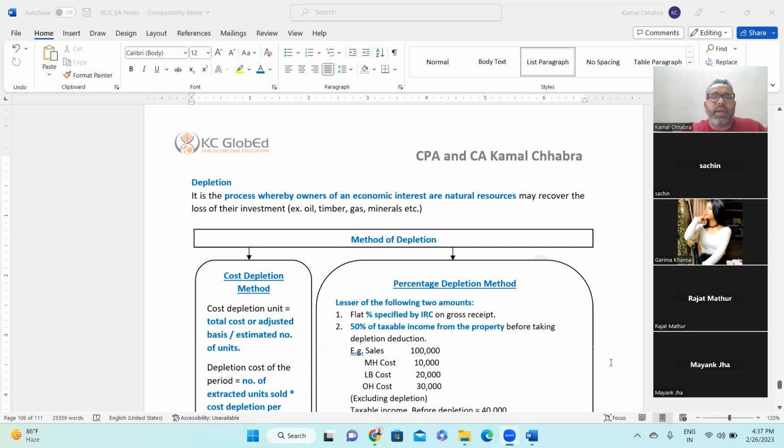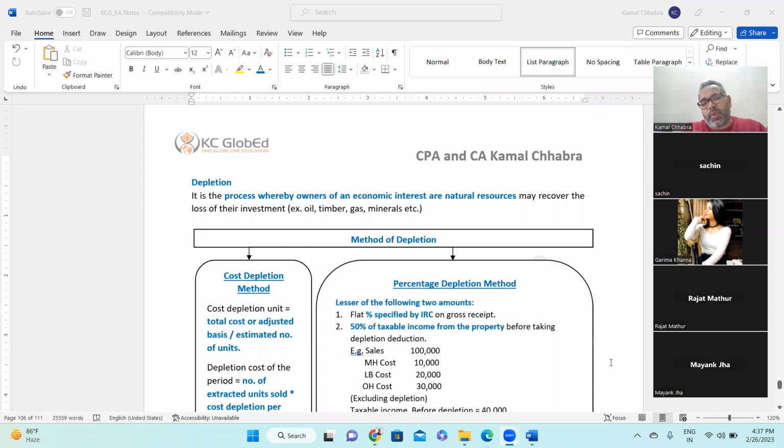For them, instead of depreciation, we consider depletion, because as and when we extract oil, natural gases, coal, and other natural resources from the seabed or from the ground, the quantity is reducing. That means we are depleting those natural resources. That's the reason it is called depletion of assets rather than depreciation of assets.